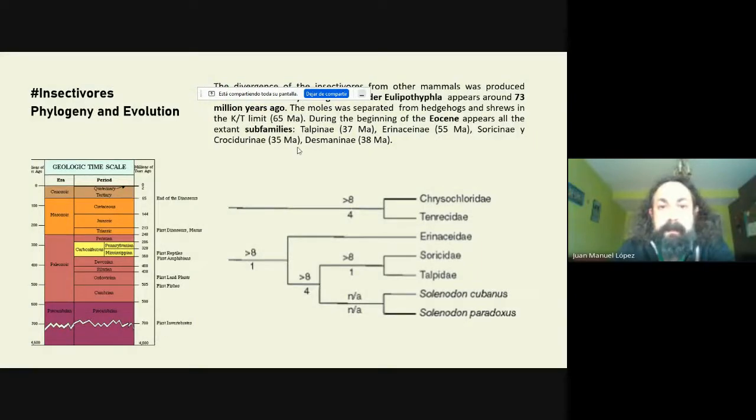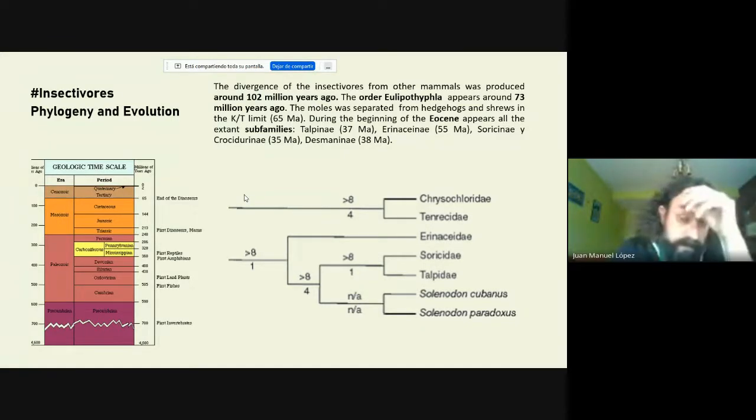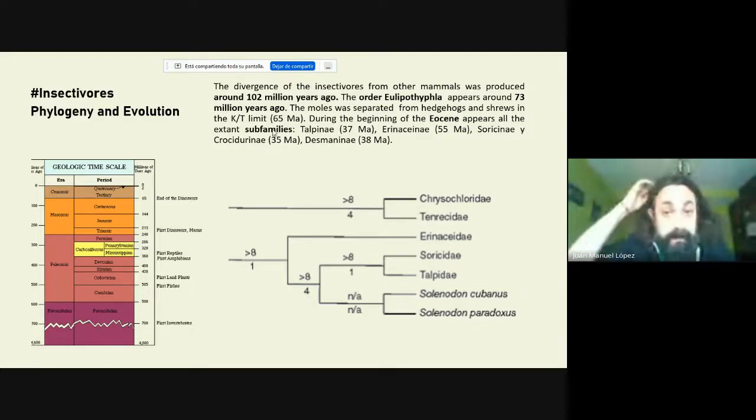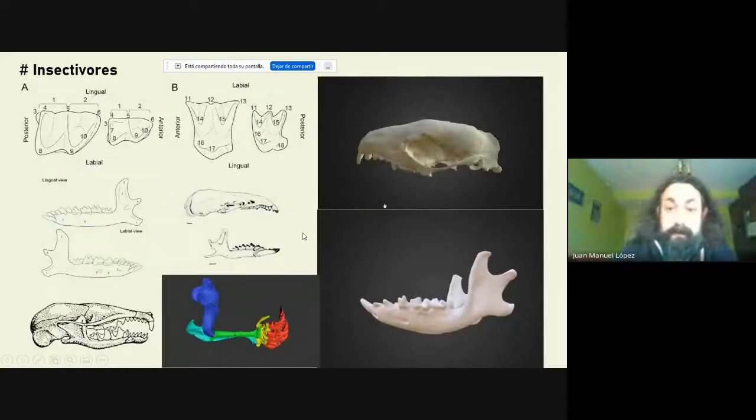The insectivores evolved quickly, around 102 million years ago, and the order appears a little before the extinction of the dinosaurs, 65 million years ago. The main families and subfamilies that are extant today appear during the Eocene period.